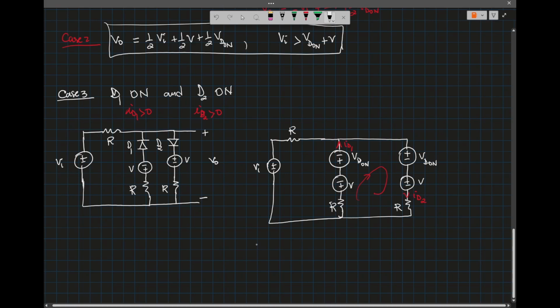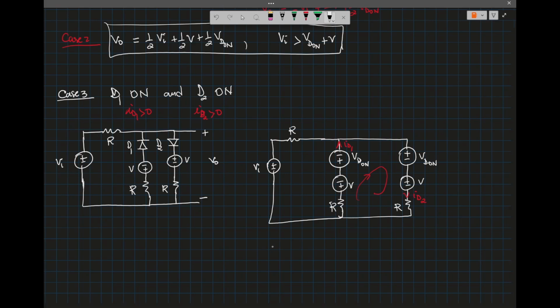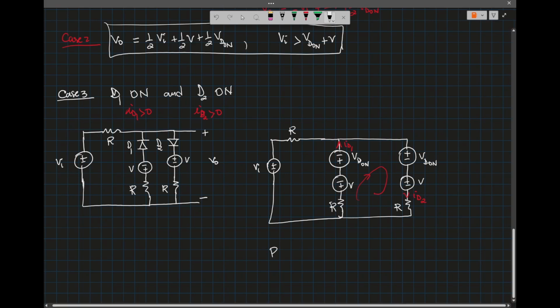So that gives me R ID1 plus V plus VD on plus VD on plus V plus R ID2 equal to 0.